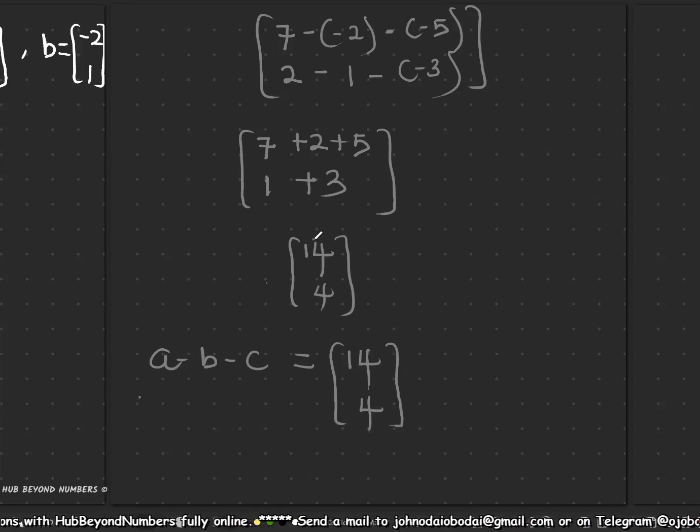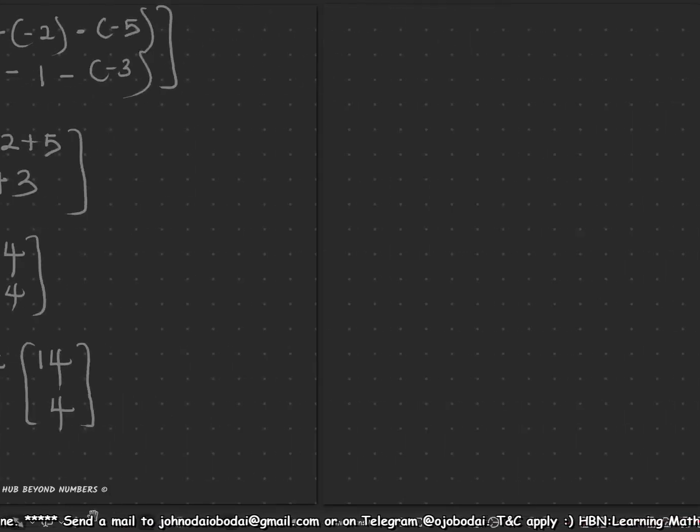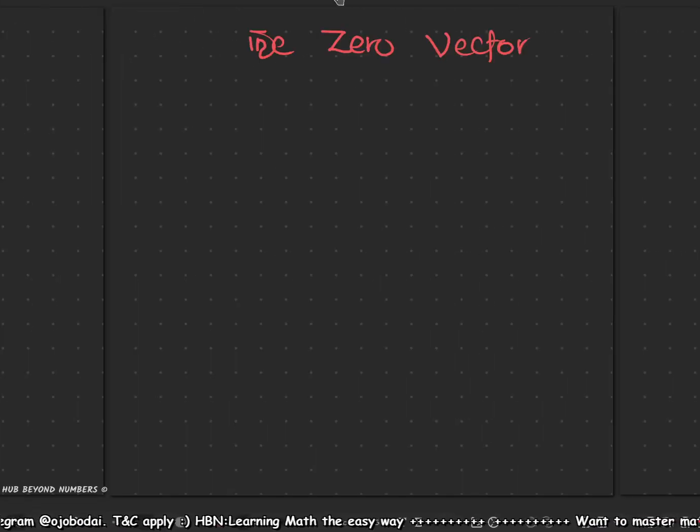So addition and subtraction of vectors are simple as you have seen. Now let me introduce one last thing that isn't related to addition and subtraction of vectors, after which I give some exercise. We call something a zero vector. The zero vector is just a vector whose coordinates are 0, 0, right?